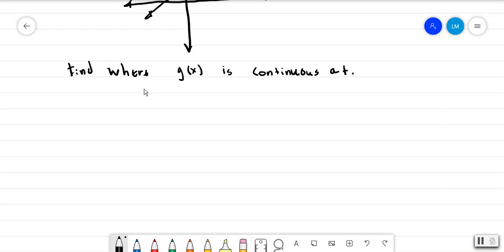So here we're just going to define g of x as the following equation. We'll define it as 1 divided by x minus 2. Now here automatically we have that x is not equal to 2. So notice that you already have that g of 2 is undefined.